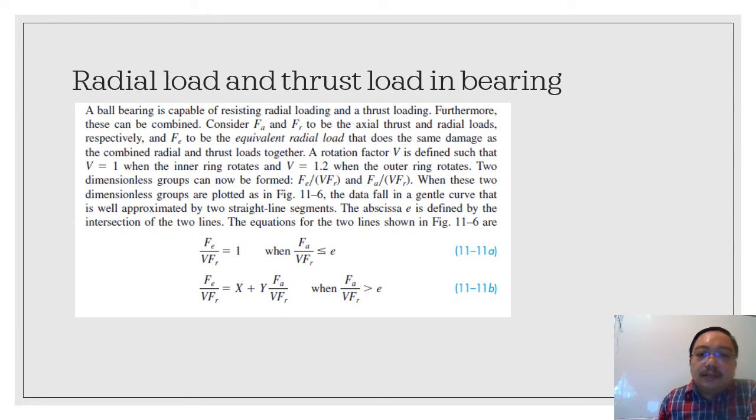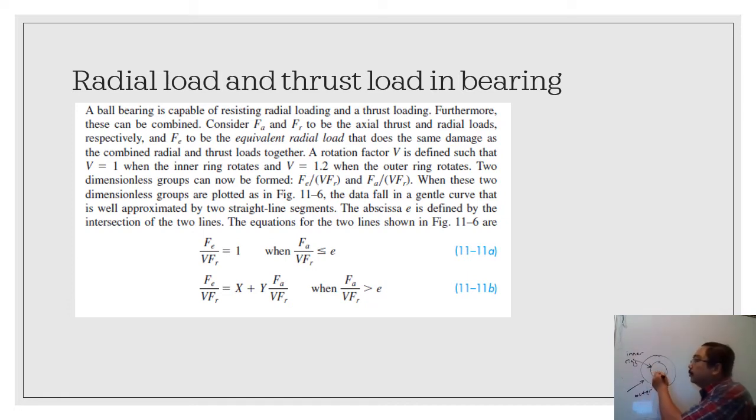So what is a radial load and thrust load in a bearing? Let me explain. Basically, the bearing is circular in nature. They have the outer ring and the inner ring, and both can rotate.